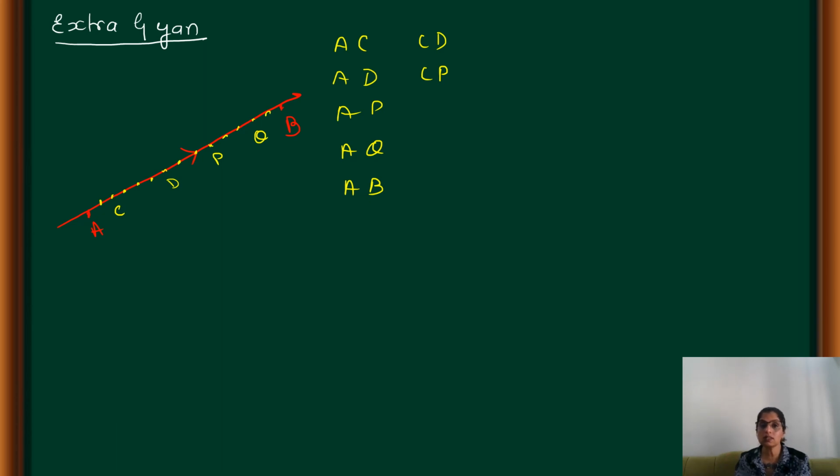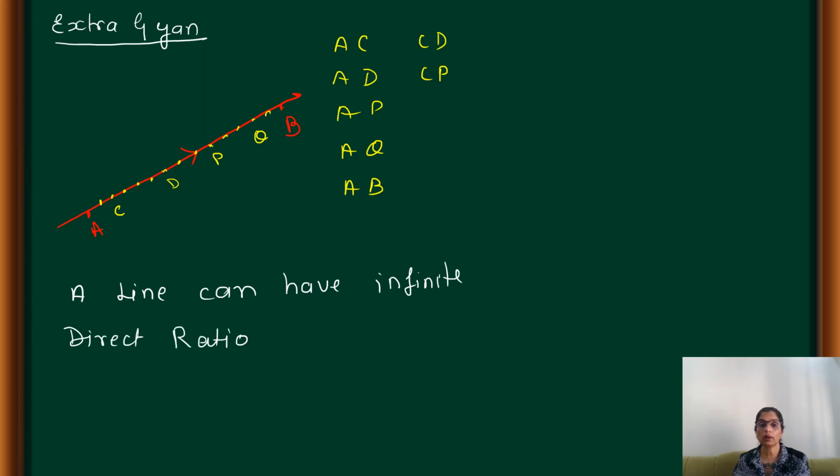This means a line can have infinite direction ratios, but only two sets of direction cosines.